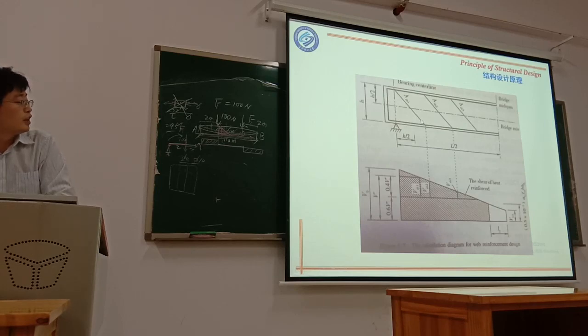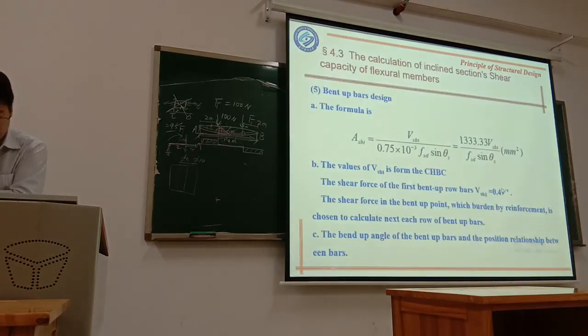So for the first bend up reinforcement, you need to bear 40% of the total shear force. And for the second bend up reinforcement, you need to bear the shear force at this point. And the third one, you need to bear the shear force at the second bending up point. So this is the meaning.